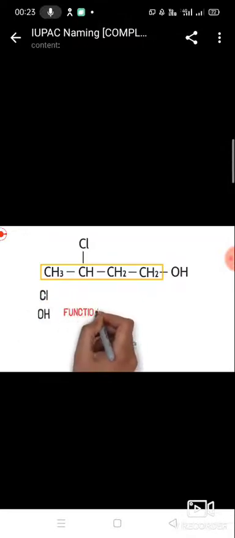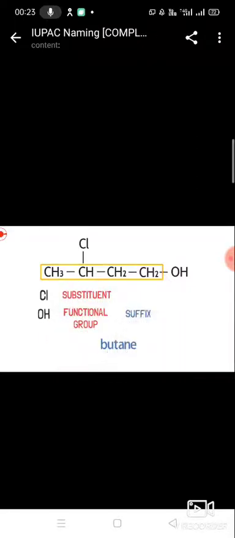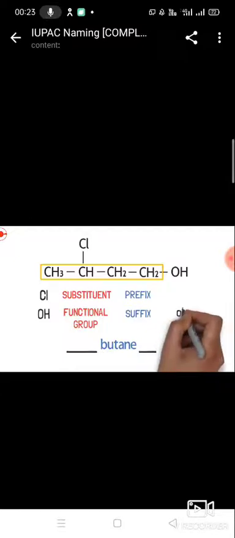In the butane, what substituents are there? Cl and OH. Here which is the functional group? OH is the functional group and Cl is the substituent. So we have to add prefix and suffix. Prefix will come as chlorine and suffix will come as the functional group.